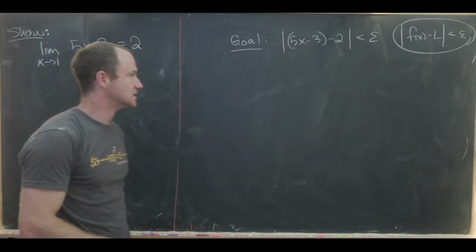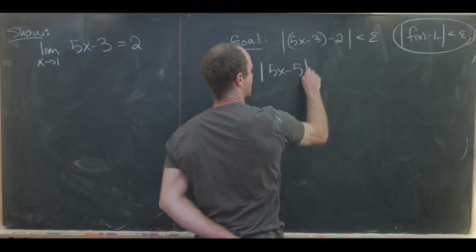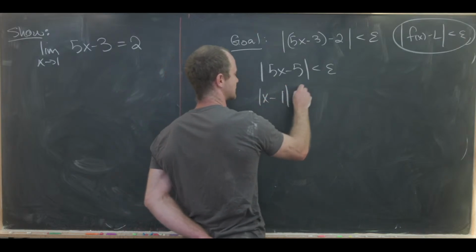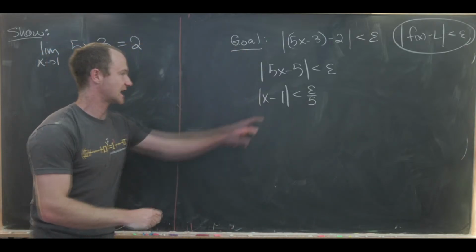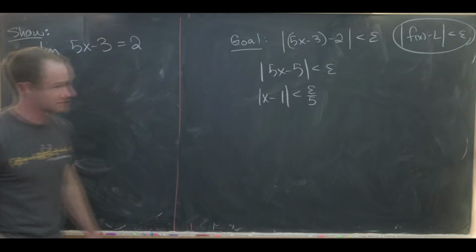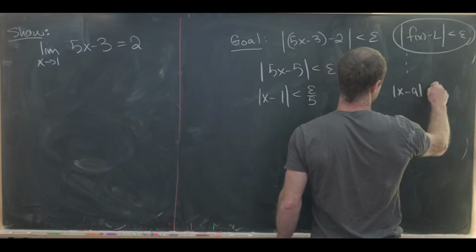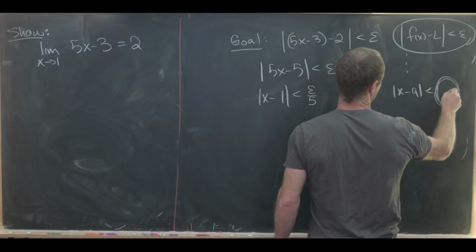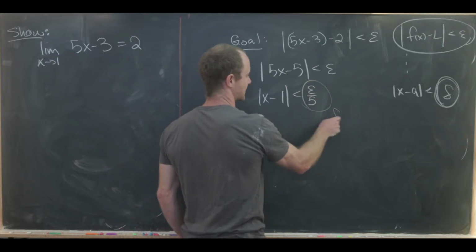Then we can do some manipulation. That's the absolute value of 5x minus 5 is less than epsilon, which is the same thing as the absolute value of x minus 1 is less than epsilon over 5. But this x minus 1 is related to where we're sending x. So in our general world, that would look like the absolute value of x minus a is less than something to do with epsilon, which we'll call delta.